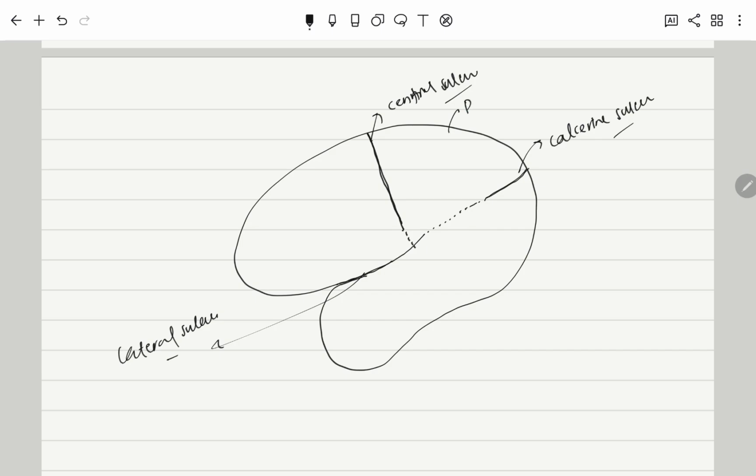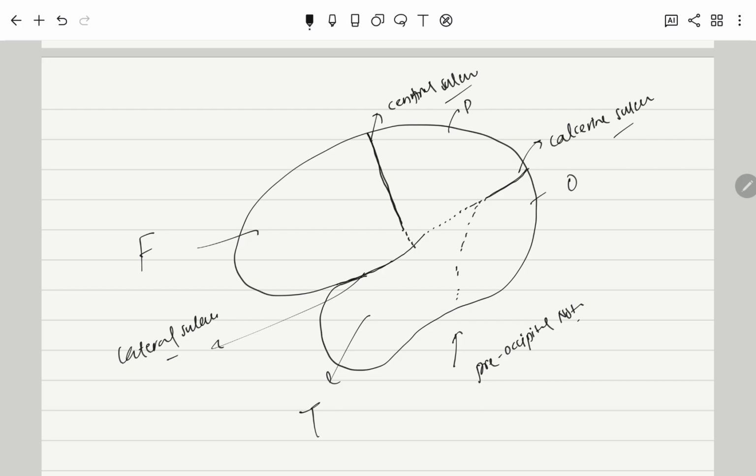And if we draw an imaginary line from the calcarine sulcus to the pre-occipital notch, this will be the occipital lobe. This area is the temporal lobe, and this one is the frontal lobe. This is just a simple division to landmark these lobes.